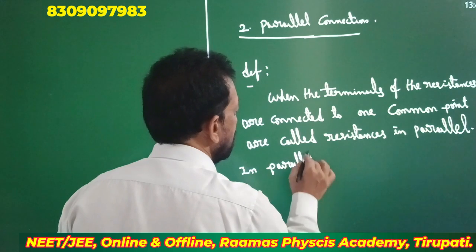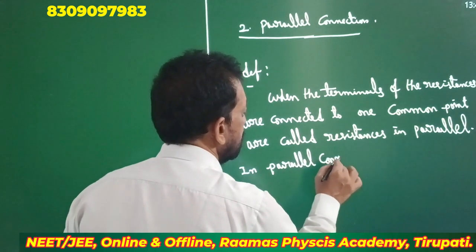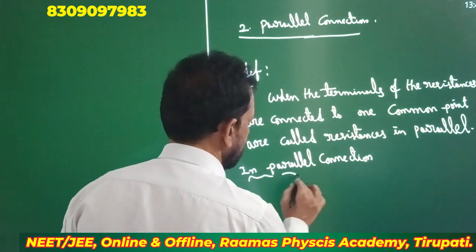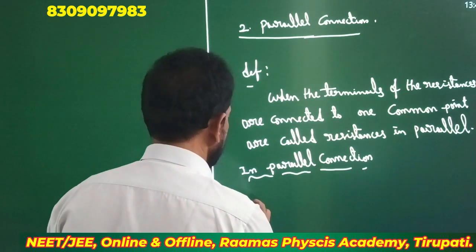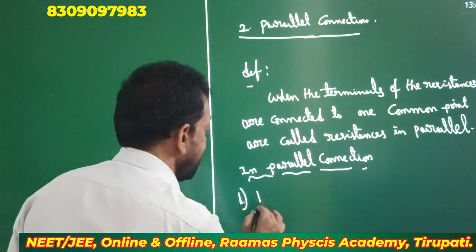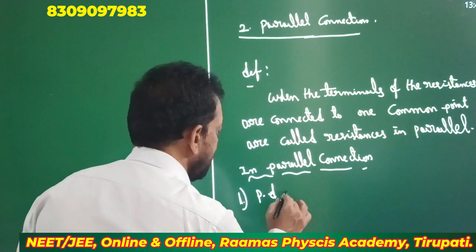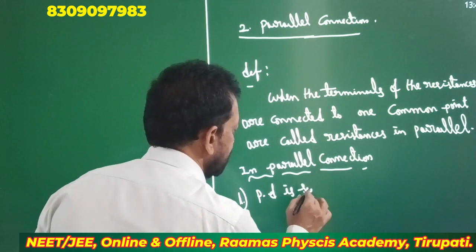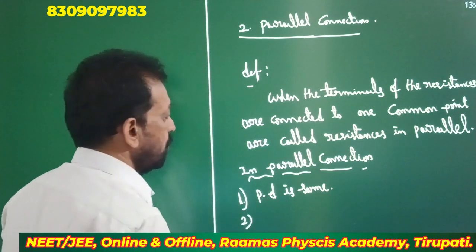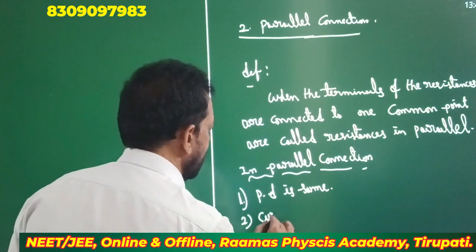Continuation. In parallel connection, point number 1, potential difference is the same. Point 2, current is different.